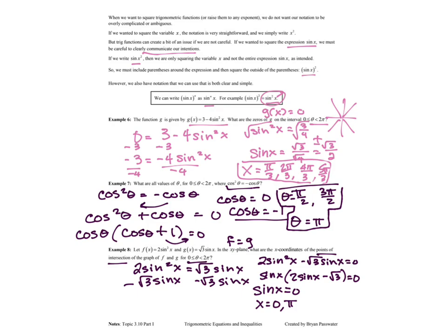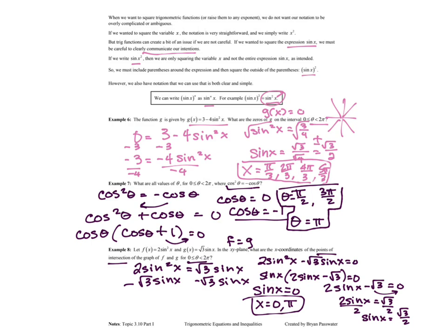We've got one other equation. 2 sine x minus square root 3 equals 0. Swing the square root 3. 2 sine x equals square root 3. Divide by 2. Sine x equals square root 3 over 2.